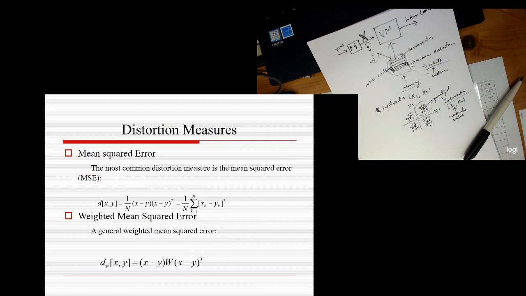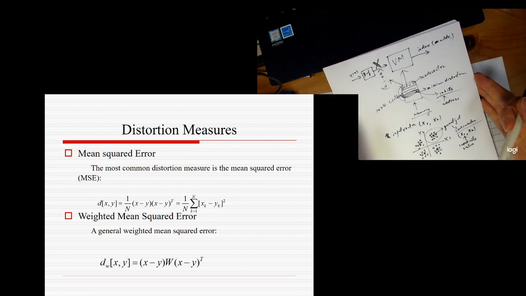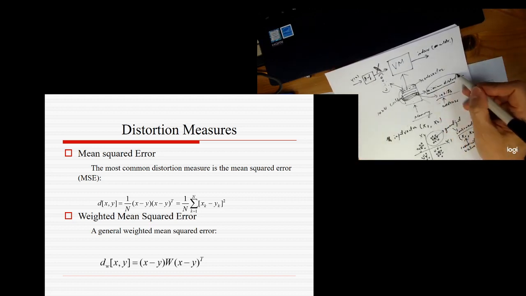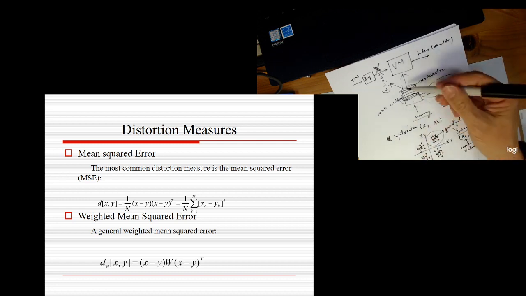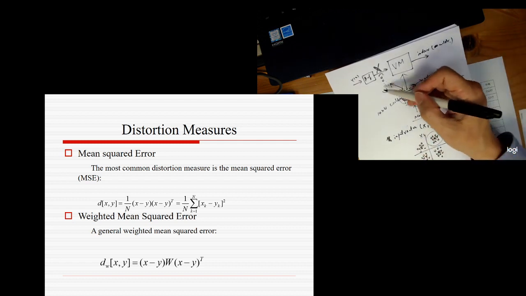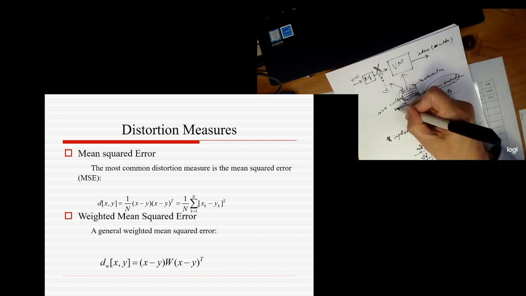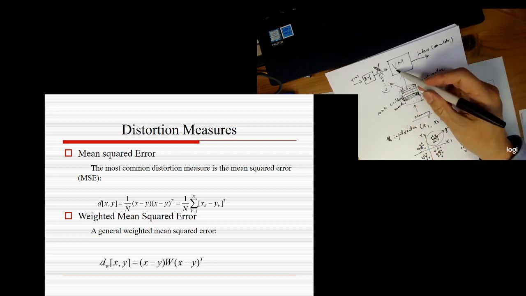Here they show you the distortion calculation for the code vector. We try to find the winner by calculating the minimum distortion. Because you have many code vectors and an input vector, the input vector does the code book search, and then the vector matching.